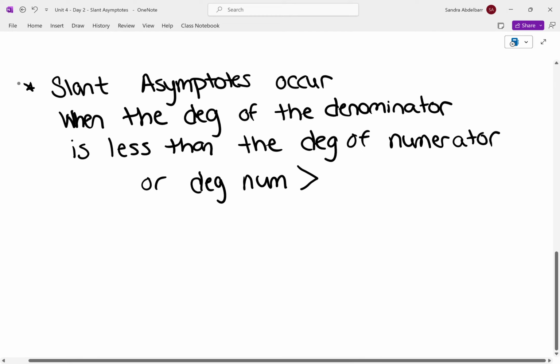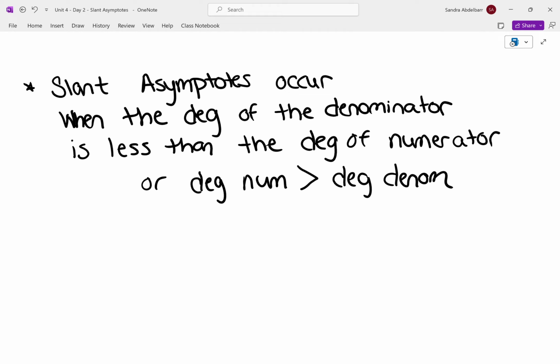Or if you flip-flopped it, the degree of the numerator is greater than the degree of the denominator. Same thing. You could either look at it as the degree of the denominator is less and the degree of the numerator is bigger, or the degree of the numerator is bigger and the degree of the denominator is less. Doesn't matter, both the same.